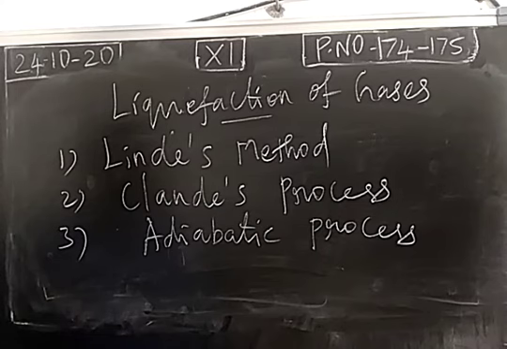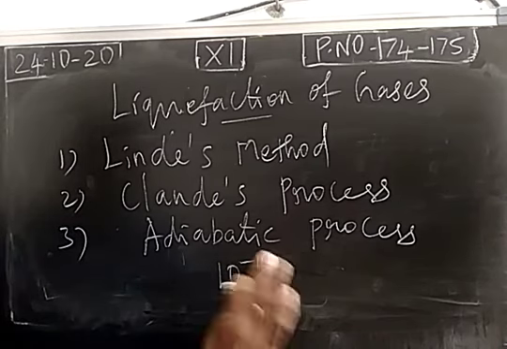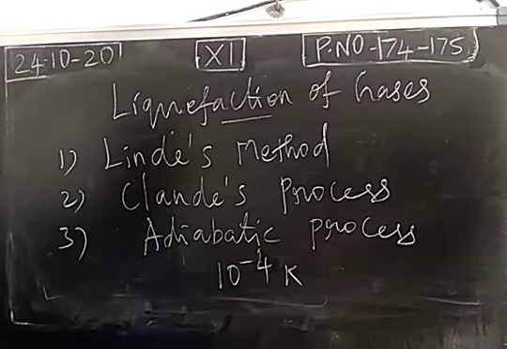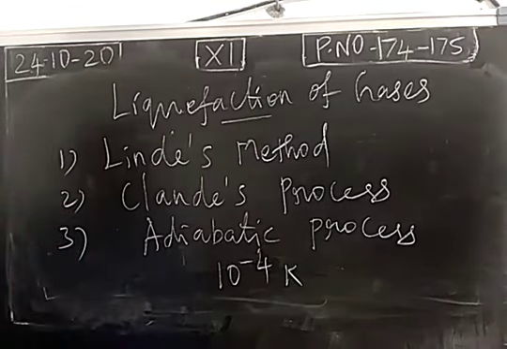Because of this removal of magnetic property, very low temperature is created. For example, for gadolinium sulfate, 10 power minus 4 Kelvin temperature is created. Since the temperature is so low, easily the gaseous molecule will be liquefied into liquid molecules. So these are all liquefaction of gases.